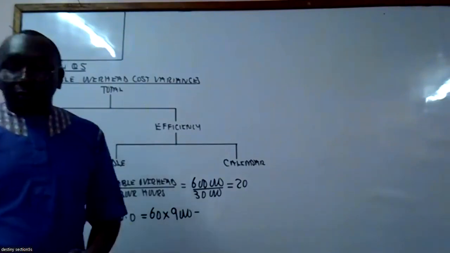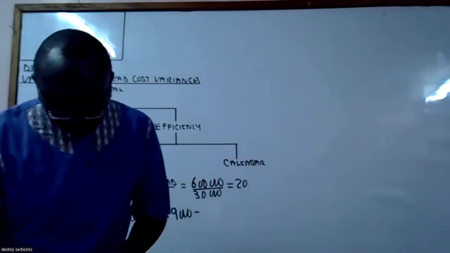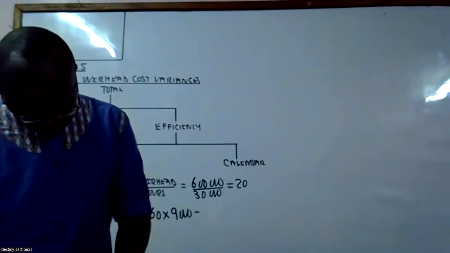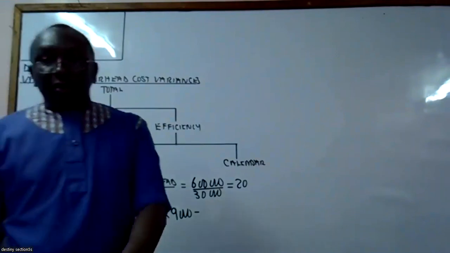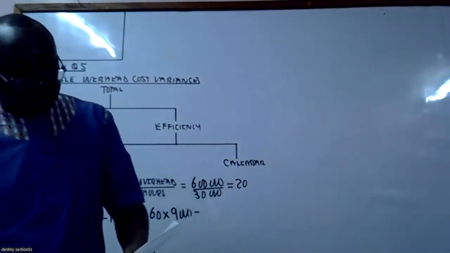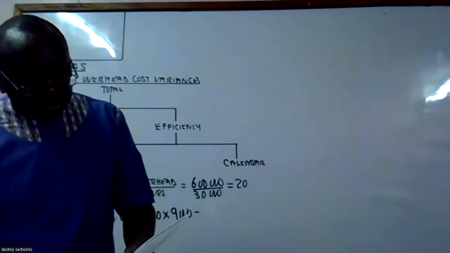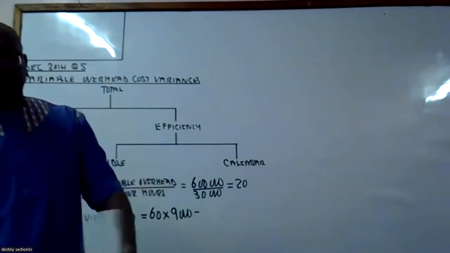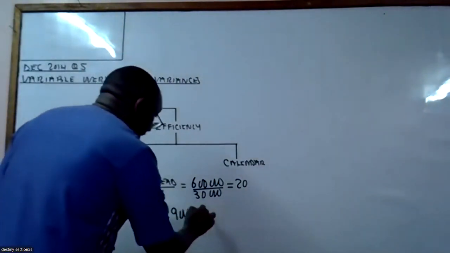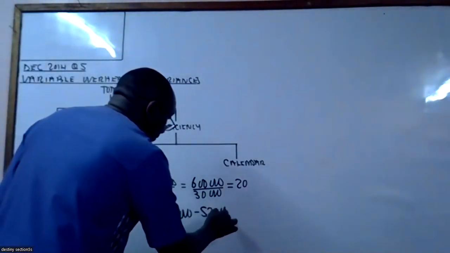So you go now to the actual statement. You can see the one that we are given on the other side, information 3, the actual results. When you look at the actual results, you can see the actual variable overheads down there. They are 520,000.